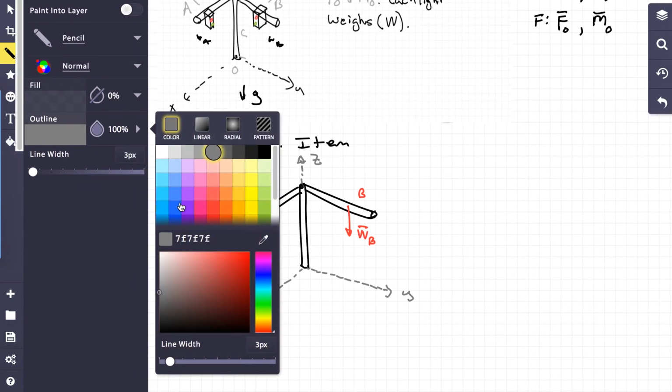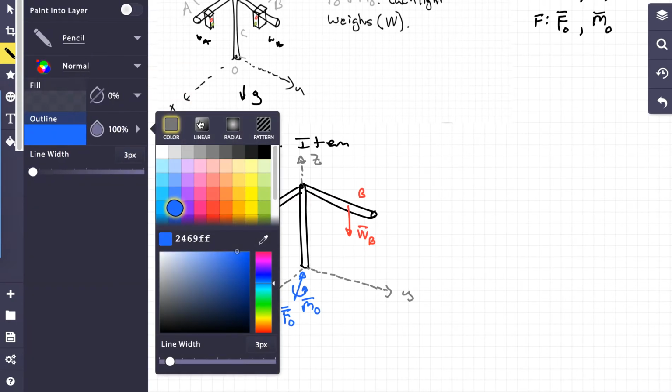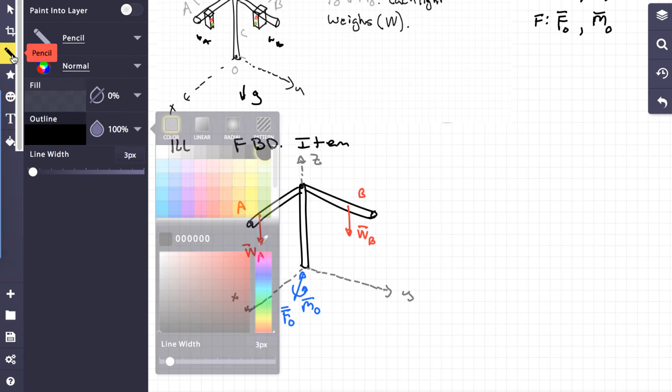Furthermore, let's look at the reactionary loads. We have a force vector and also a moment vector, and that's what we're looking for. So let's start. We're going to start with the general equations.